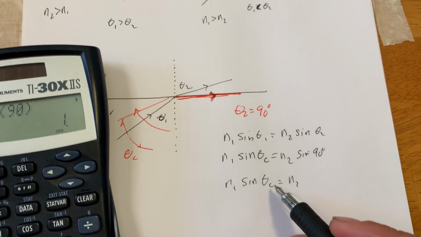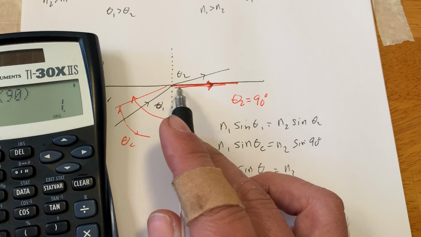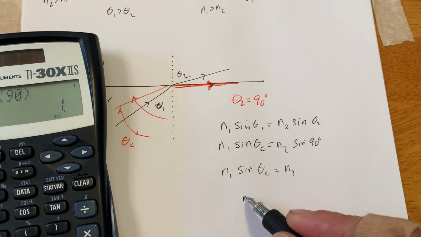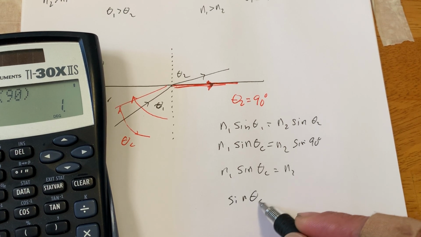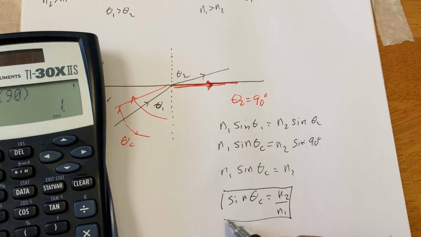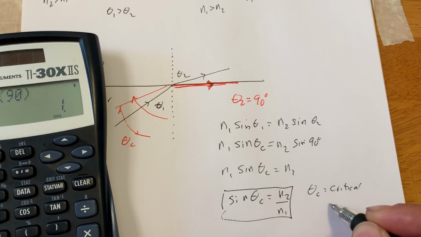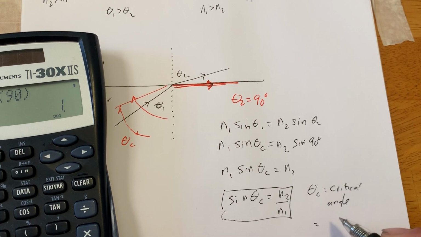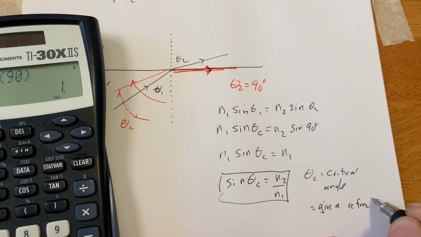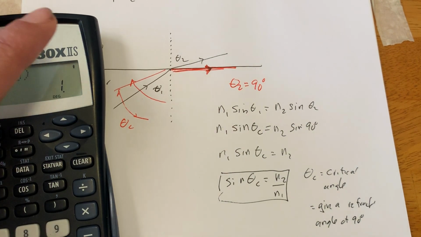So can I find out what angle allows my ray of light to travel right along the boundary? The answer is yes. Sine of the critical angle is equal to N2 over N1, where theta C is my critical angle. What does that mean? This angle gives a refracted angle of 90 degrees.